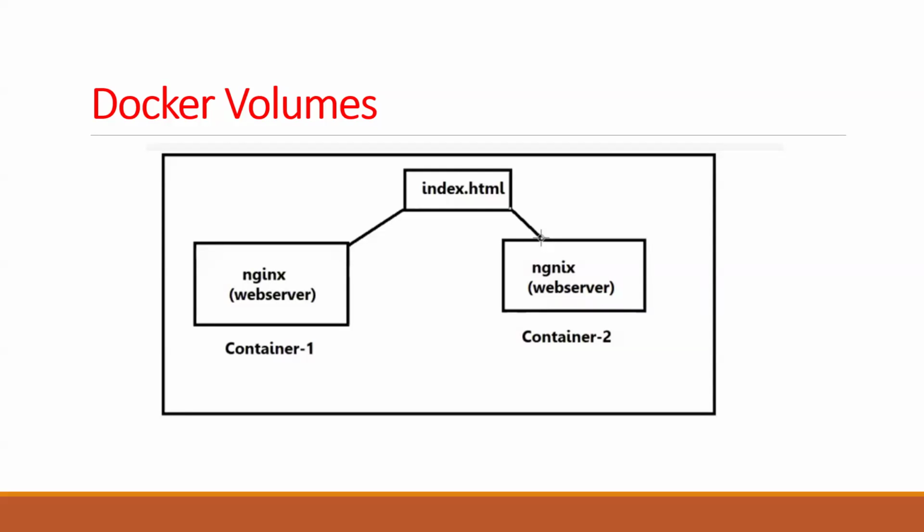For example, we have a directory of 50 GB, so we can store the logs in that file. But Docker contains only 1 GB, so we cannot write the logs within the 1 GB. How can you write the logs? You can write the logs by using a Docker volume.